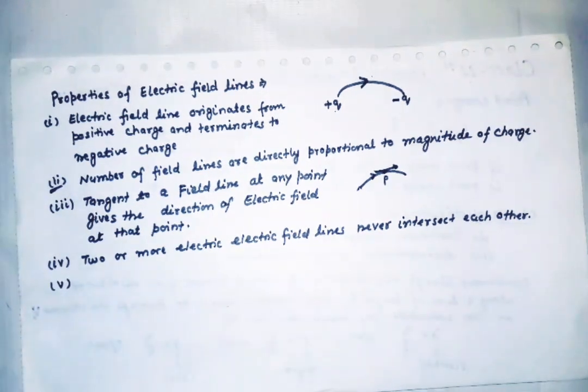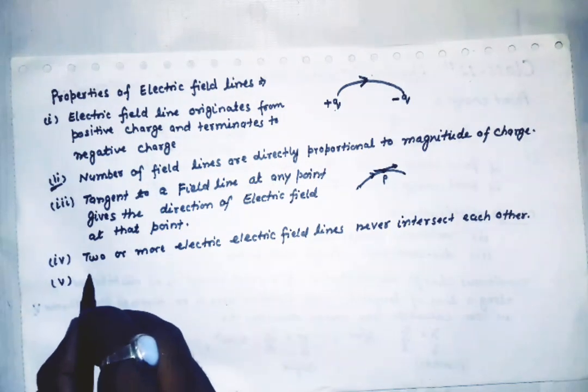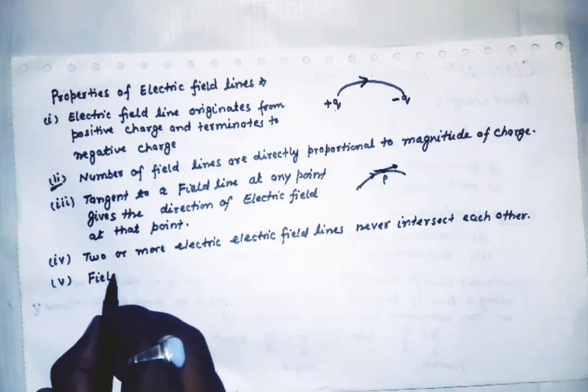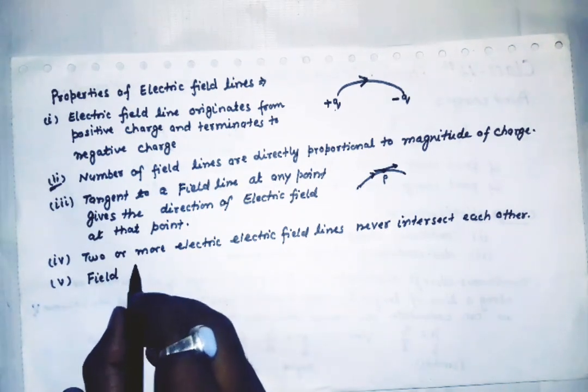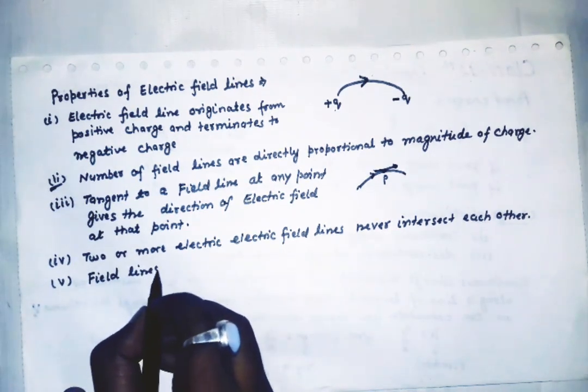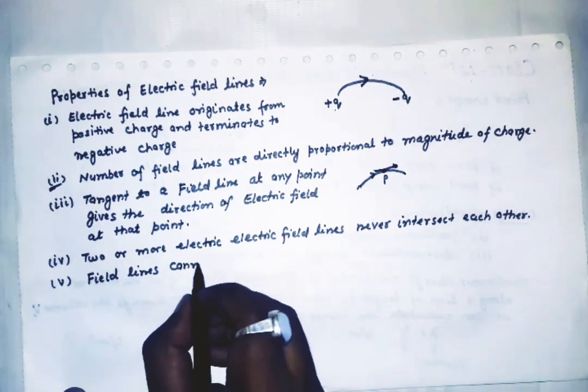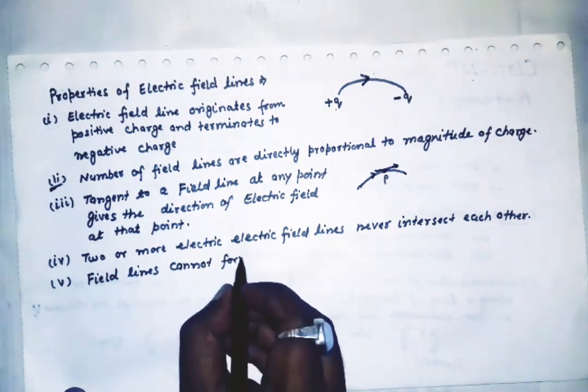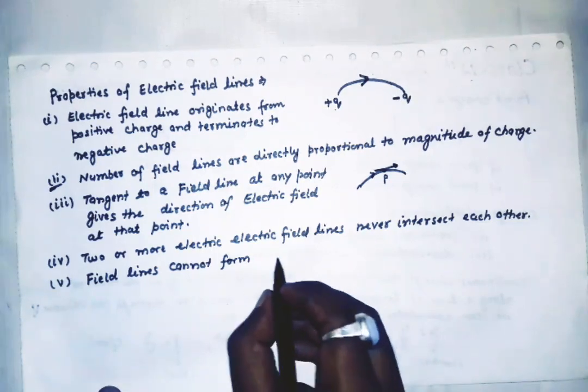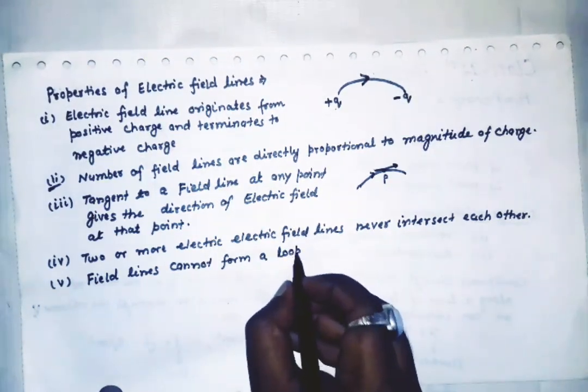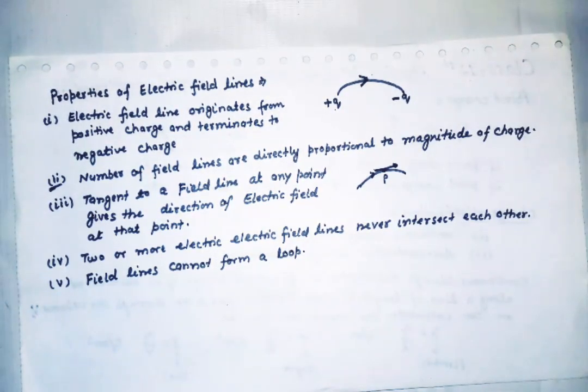Next property, field lines cannot form a loop. Electric field lines cannot form a loop.